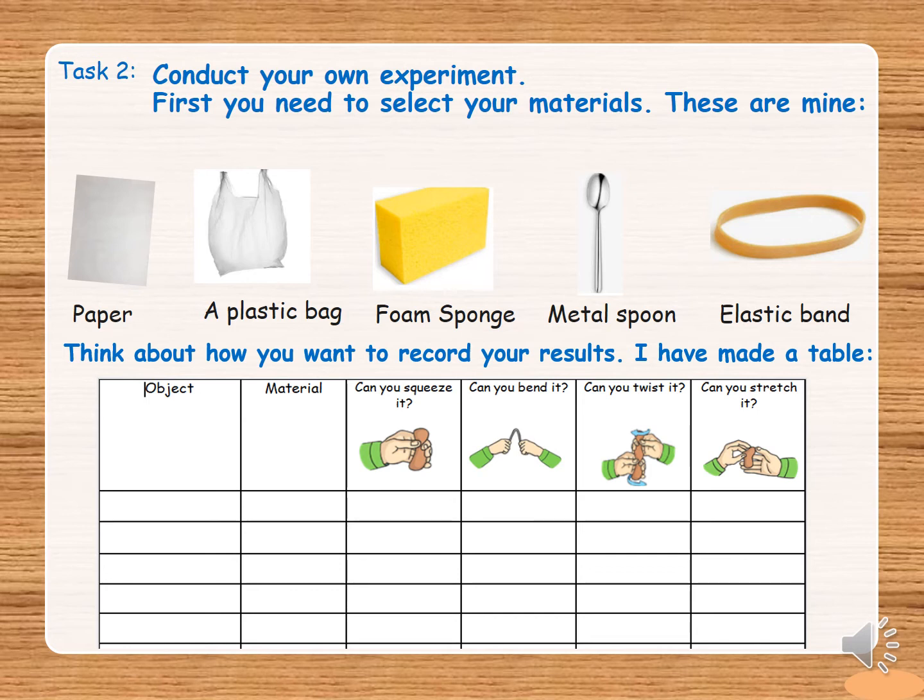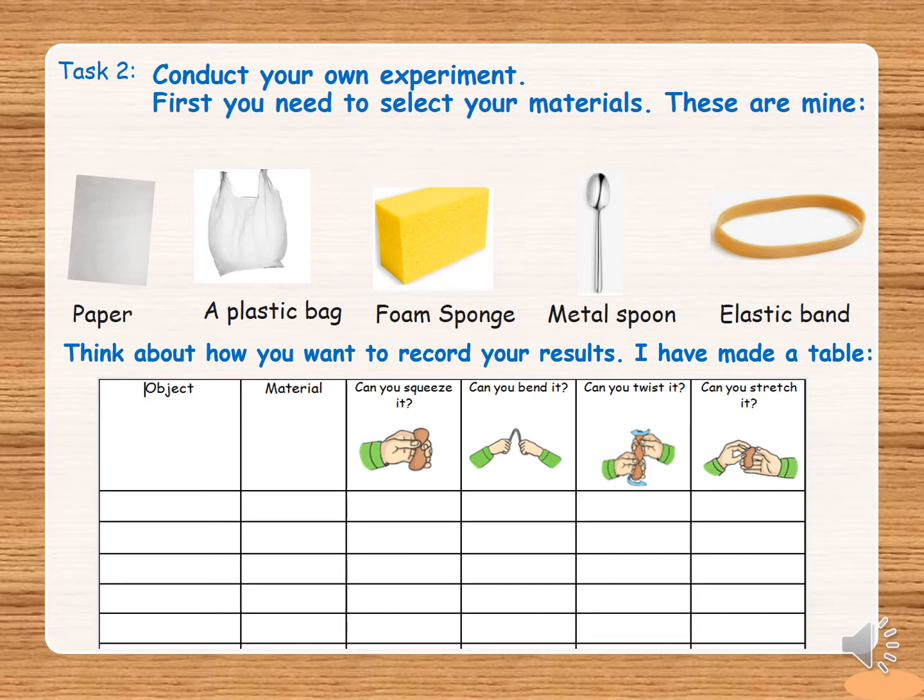You could use a camera and take pictures of what you're doing, or ask someone to take pictures of you while you're carrying out your experiment. Equally, you can draw pictures of you doing your experiment. You can write sentences. It's completely up to you. But as I said, I'm going to record my results in a table.